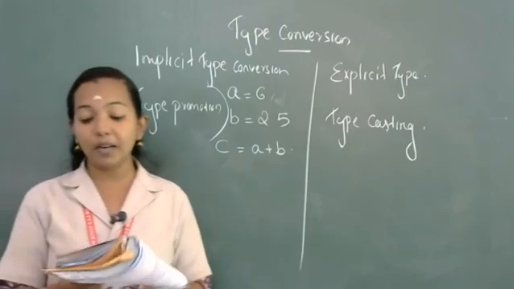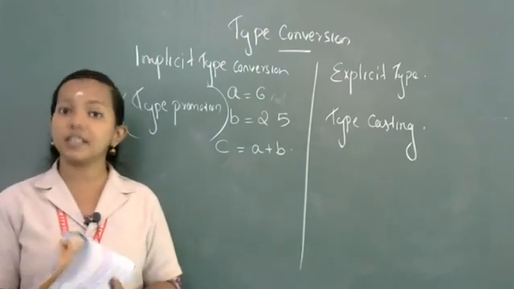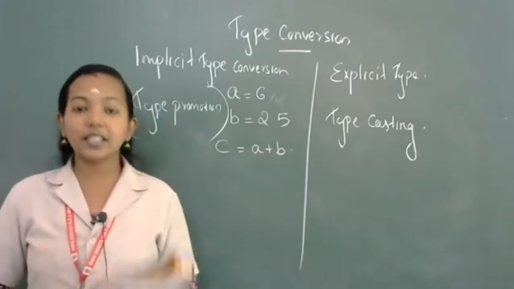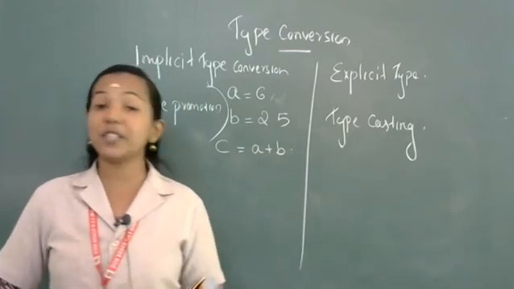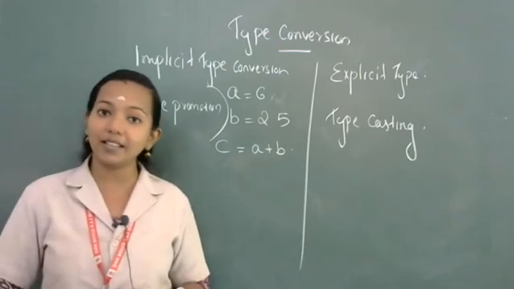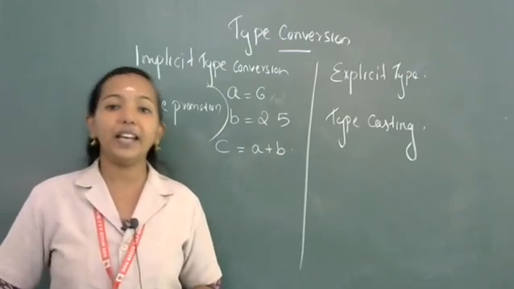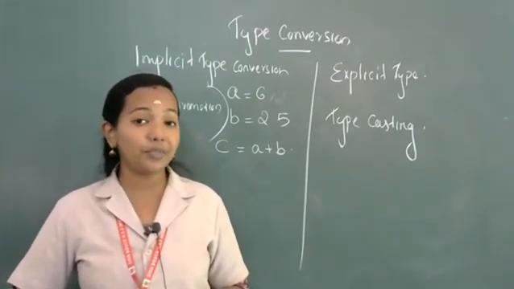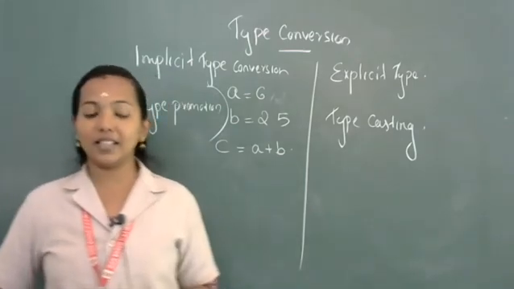Sometimes the programmer may decide the data type of the result. This is done by the programmer by specifying the data type in parentheses to the left of the variable. How is the programmer specifying the data type? To the left of the variable, in parentheses.